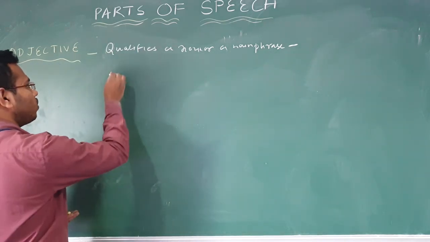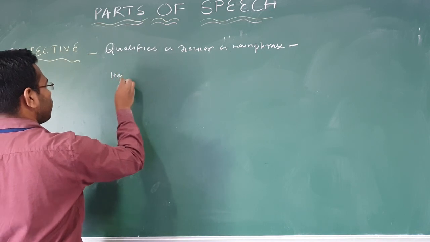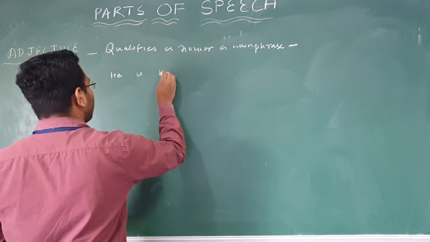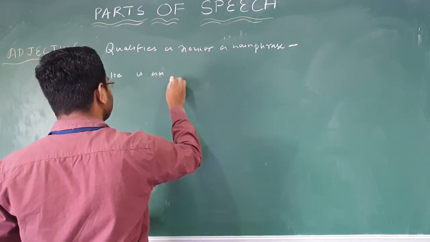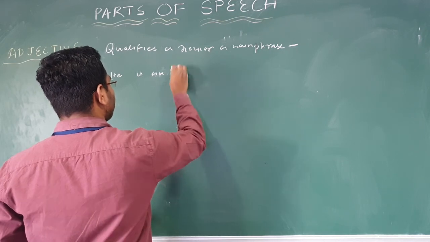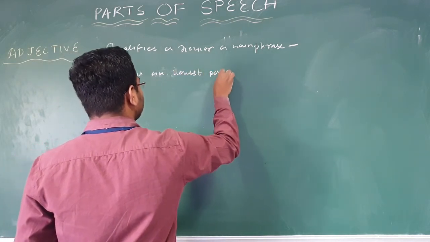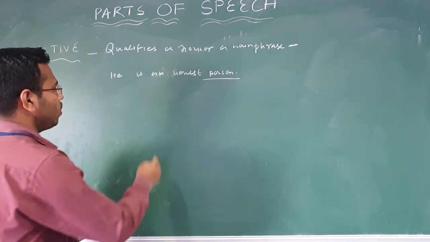One example: he is an honest person. So he is a person basically.